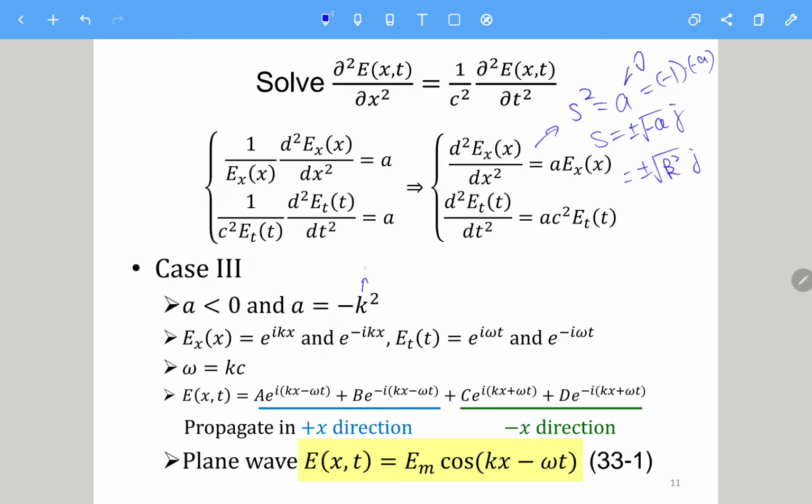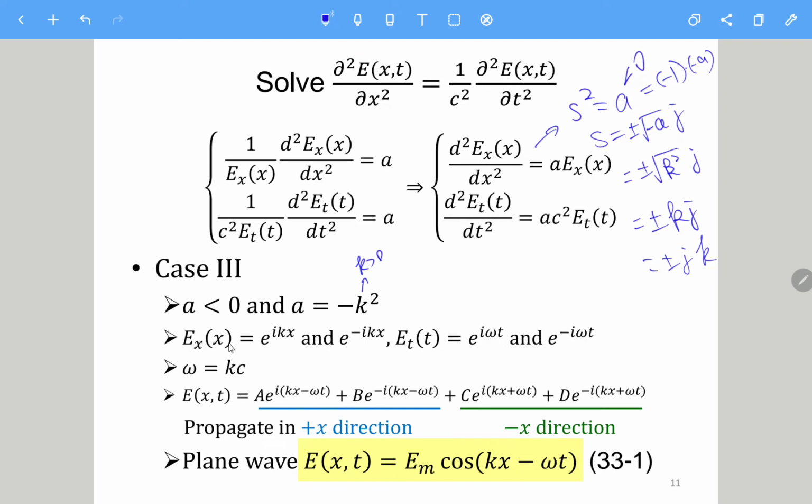Of course, k is a positive number, so we can write it as plus or minus jk. So this is the solution: s equals plus or minus jk, and this ODE is with respect to x.